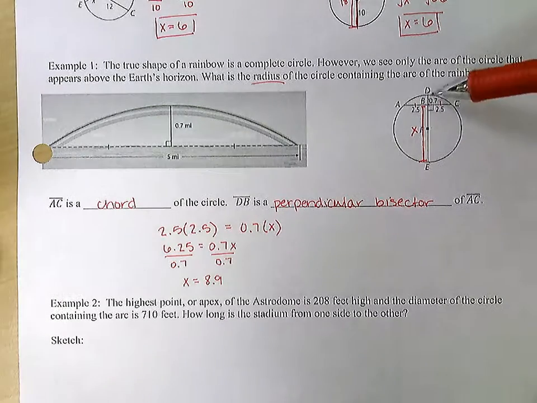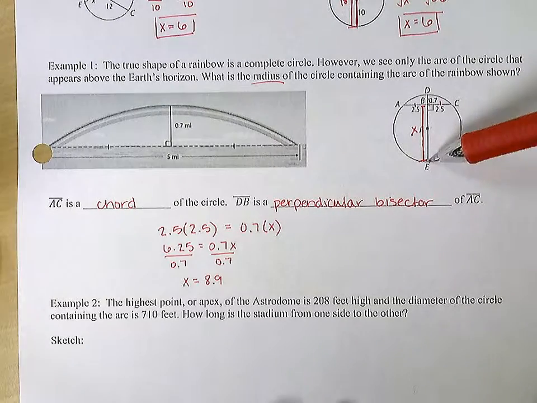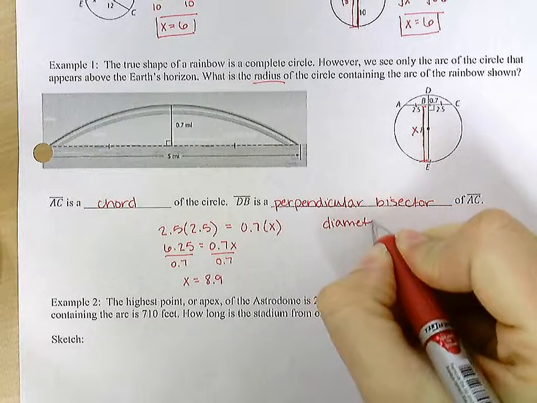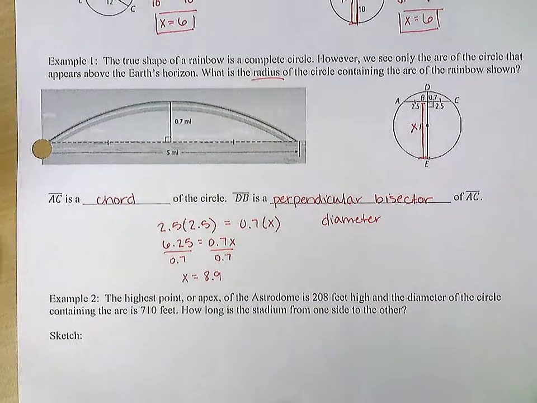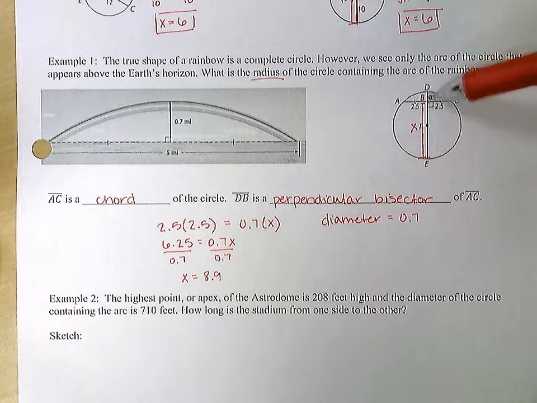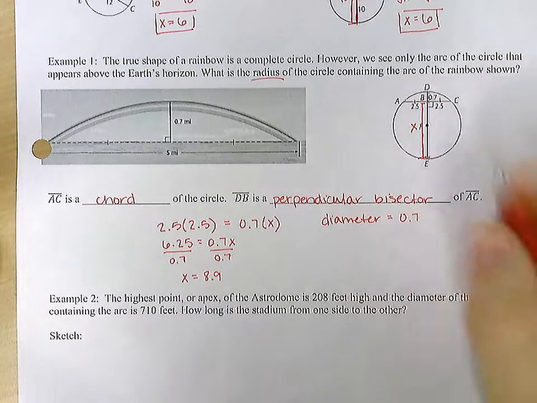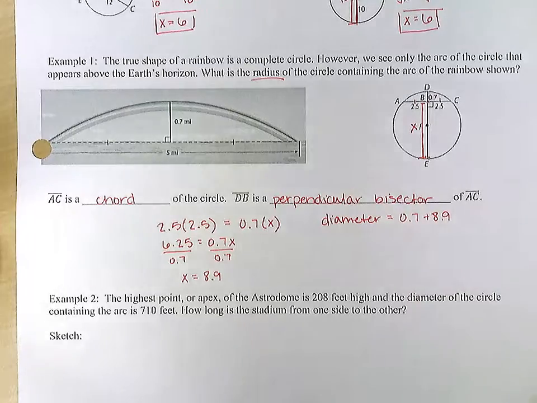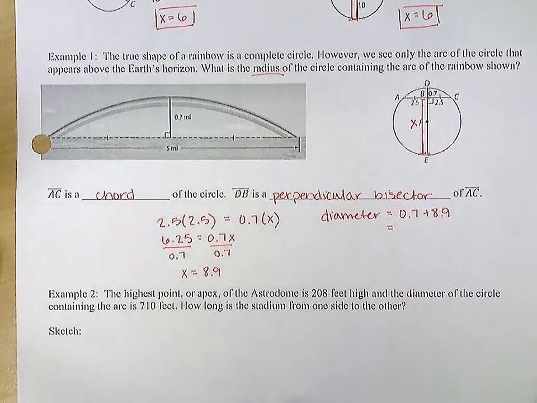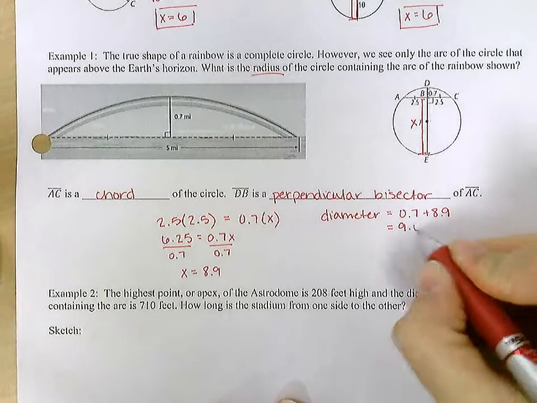Right now, I have that D to B is 0.7 and B to E is 8.9. So I'm able to find the diameter of this circle by adding together those two pieces of that chord. So 0.7 and the x value I just found is 8.9. Okay, so the diameter then is going to be 9.6.